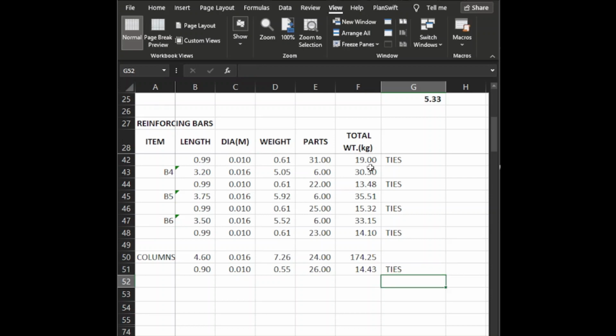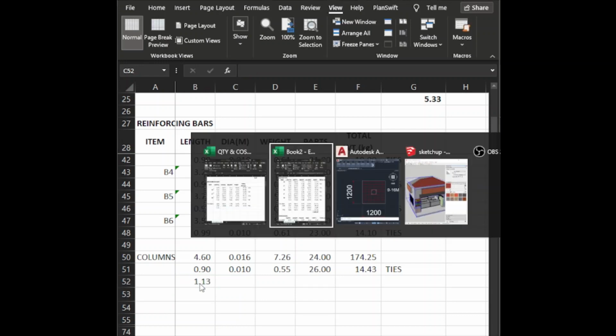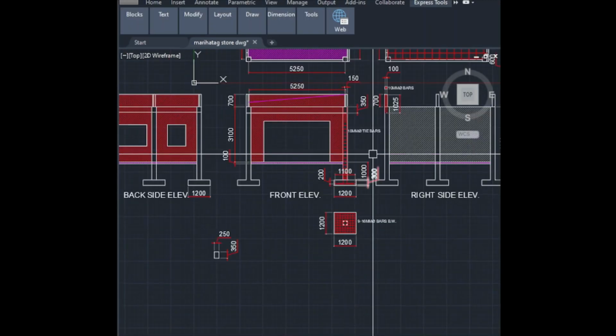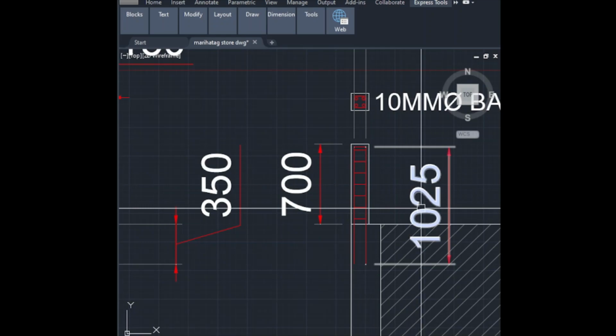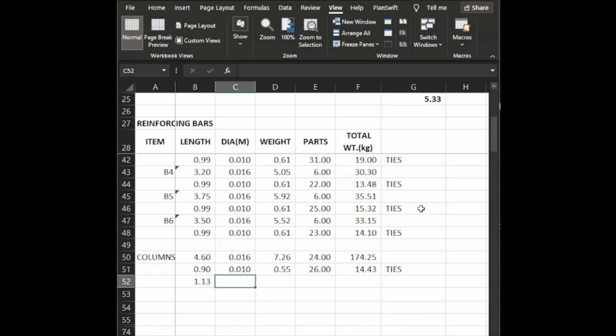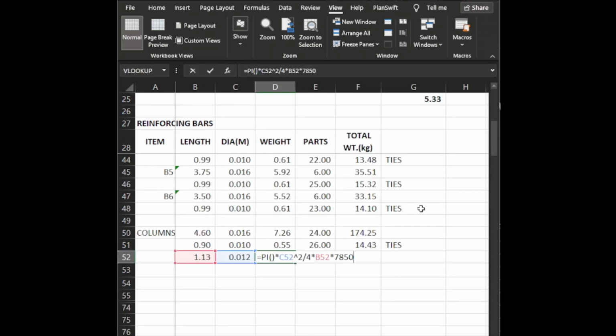Okay, so the next one is the small column at the parapet wall. Okay, its length is 1.13. You just refer from this one, guys, so 1.025 or 1.13. Then just put 12 mm. Then weight is this one.